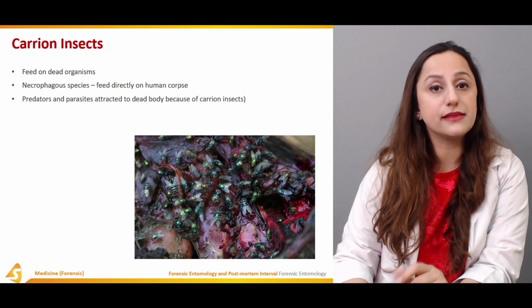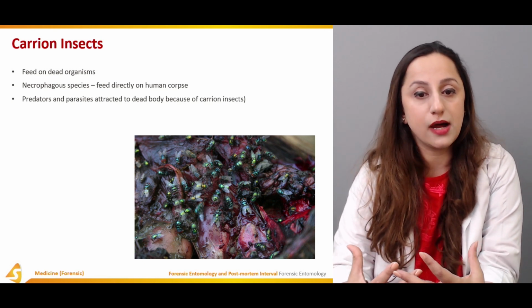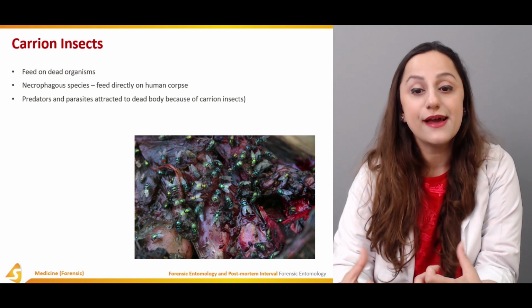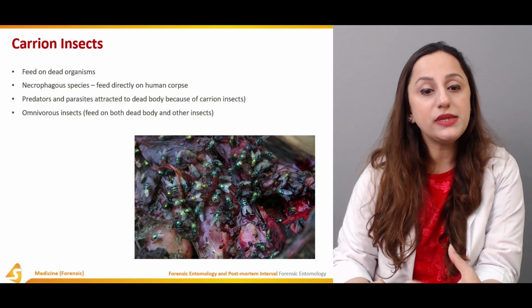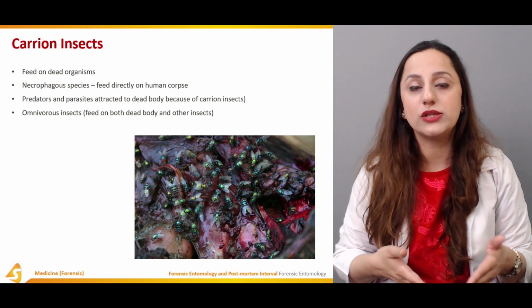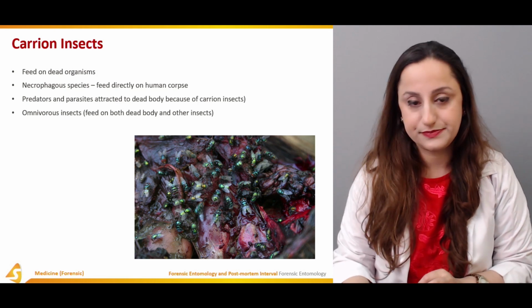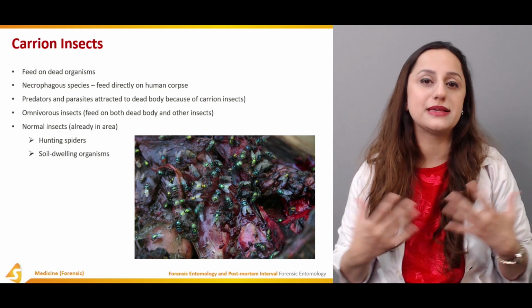The predators and parasites that are part of that geographical area are attracted to the dead body because of the carrion insects. Then the omnivorous insects feed both on the dead bodies and on the carrion insects as well, along with the normal insects already present in that area.